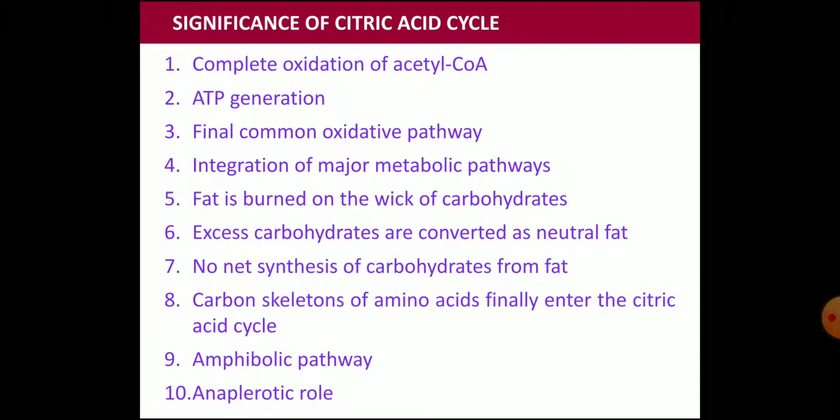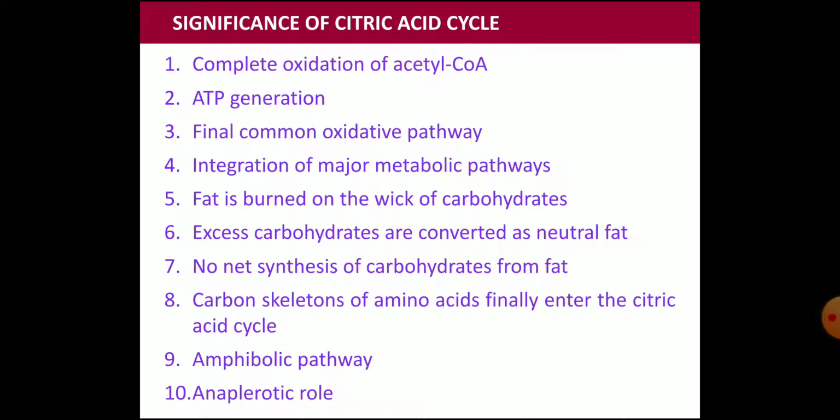Now we have to know something about the significance of the citric acid cycle. The complete oxidation of acetyl coenzyme A is one of the important points about the citric acid cycle. Then ATP generation, of course, we have studied. It is the final common oxidative pathway, that also we studied. Then integration of metabolic processes, various metabolic pathways that we are going to see.